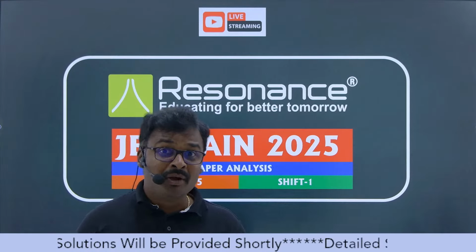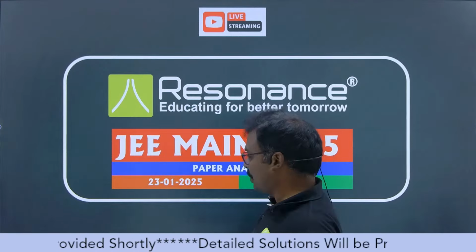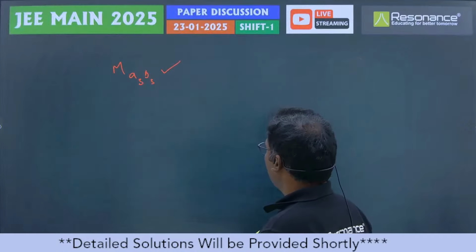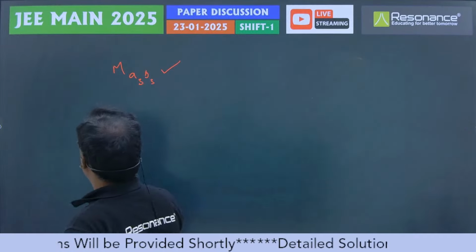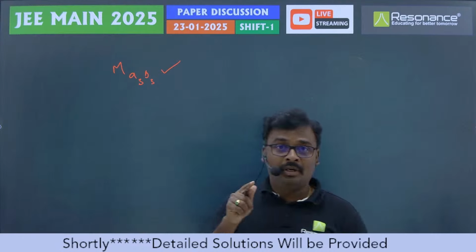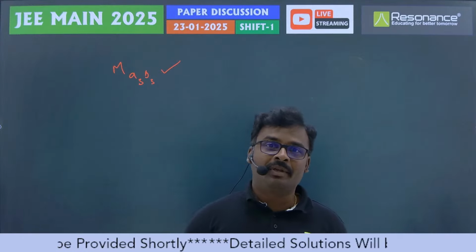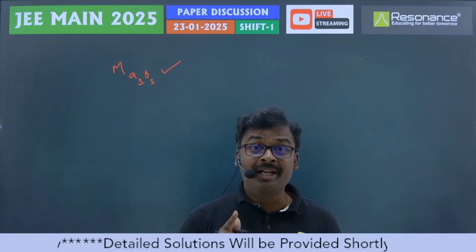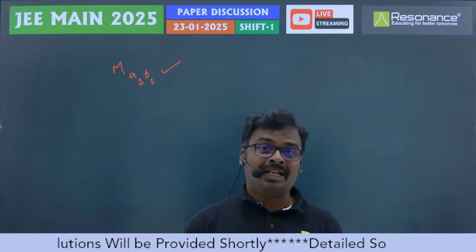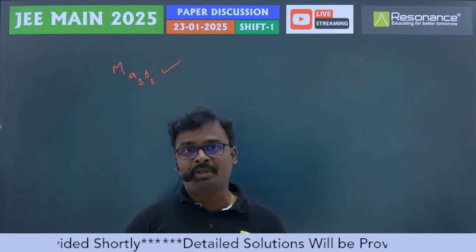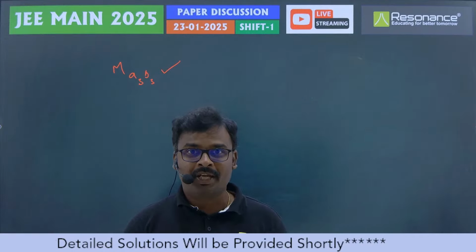Okay, so this was the chapter wise analysis. Based on this, what I can say is, in yesterday's morning shift, the 22nd January shift, 4 questions came from the periodic classification chapter.